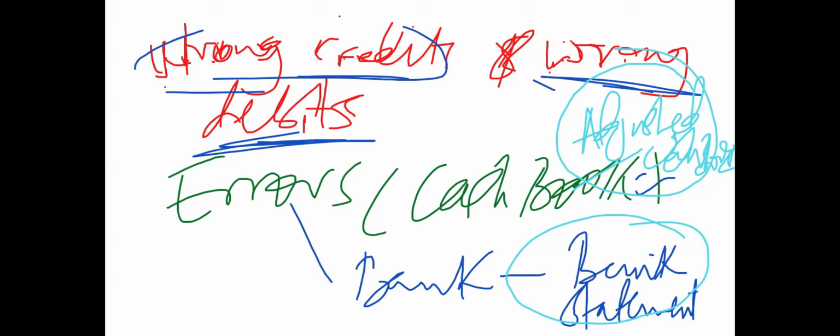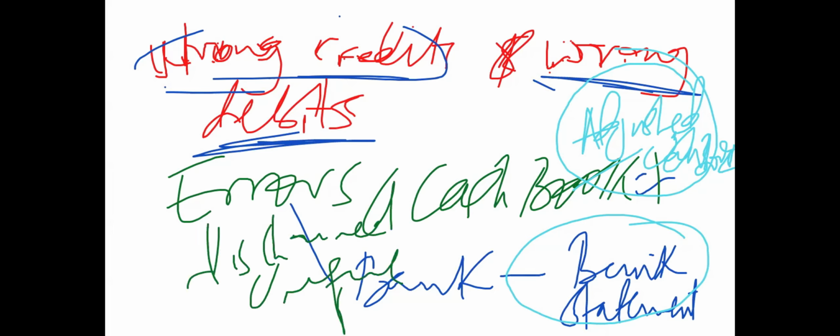And as I said, there are other factors. We've not talked about things to do with dishonored checks, but we shall understand them, and other things that may come up as we look at the numbers.